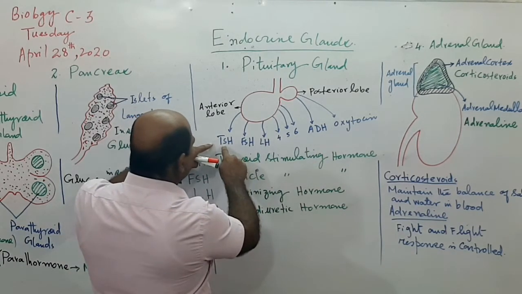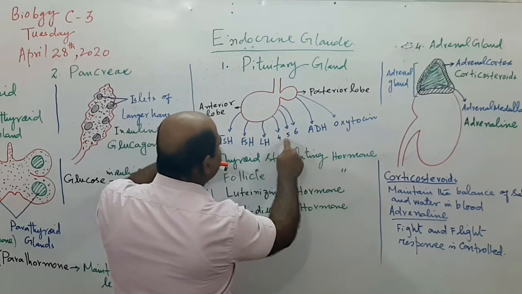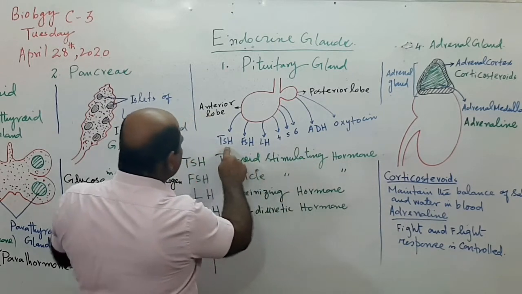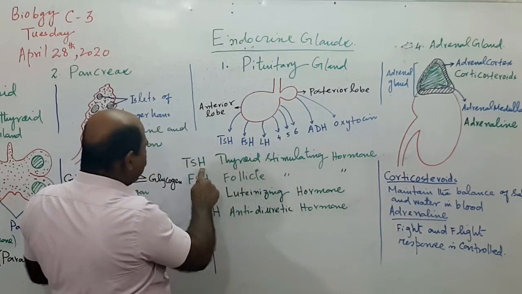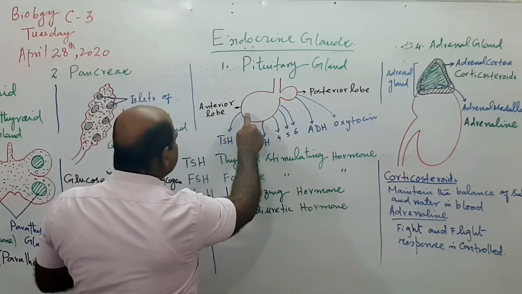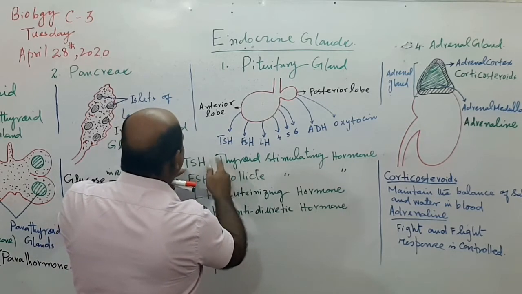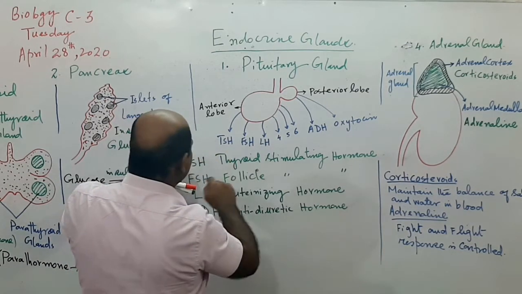I have written the names of those hormones which are included in your syllabus, and then I have written just the numbers 4, 5, 6. So the first one is TSH. It's called thyroid stimulating hormone, and it controls the thyroid gland. So we will discuss the thyroid gland also.